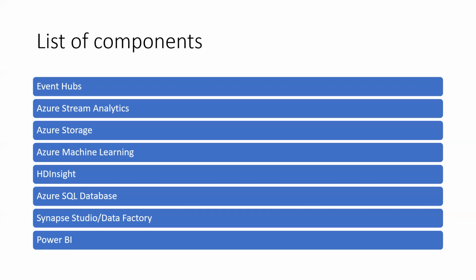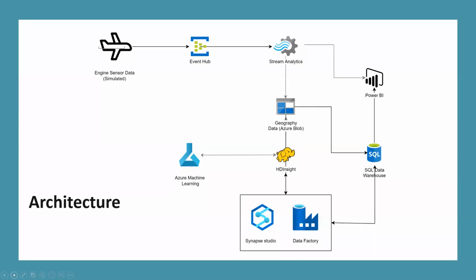And if you want to know how a service works and what its use case is in the Azure platform, you can get all those details from my previous videos. So here is the list of components that we need to design predictive aircraft engine monitoring. While I show you the architecture, I will also talk about these services in detail. So let me move to the architecture.